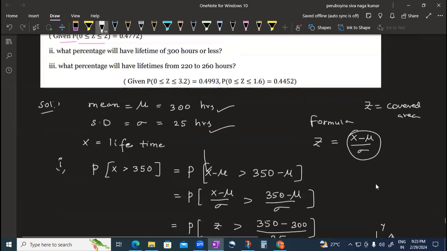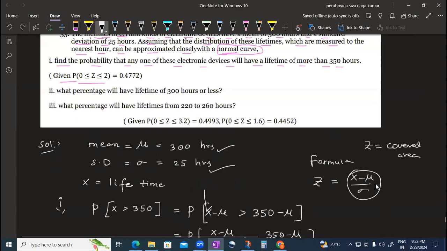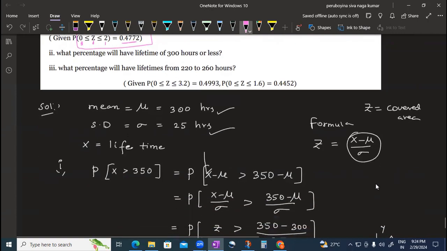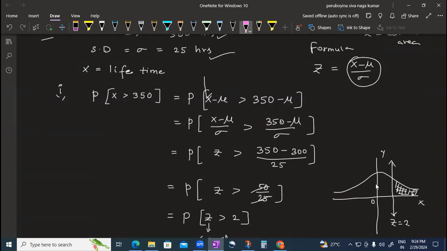Then you have to use the table conclusion that says from 0 to 2, the area is 0.4772. This is very important to understand. This is the covered area from 0 to 2. First map that value: this is 0 and this is the 2 line. So this part is 0.4772.